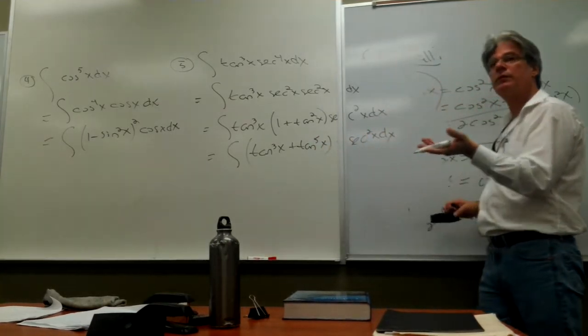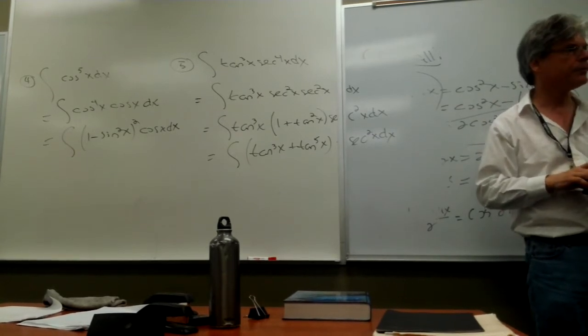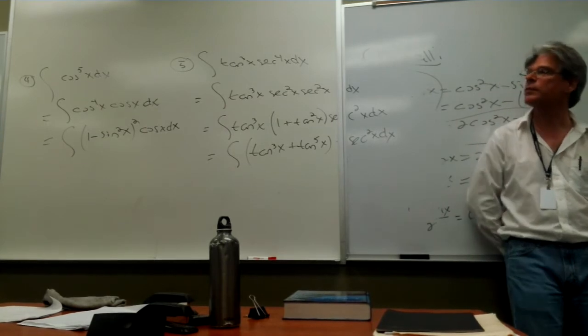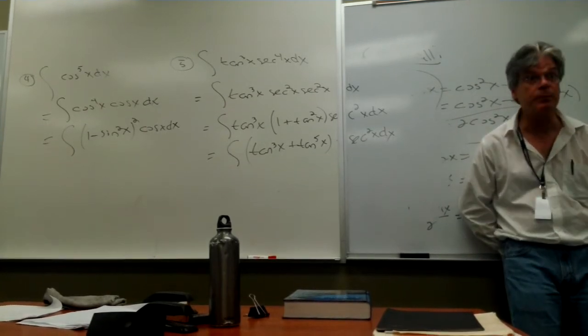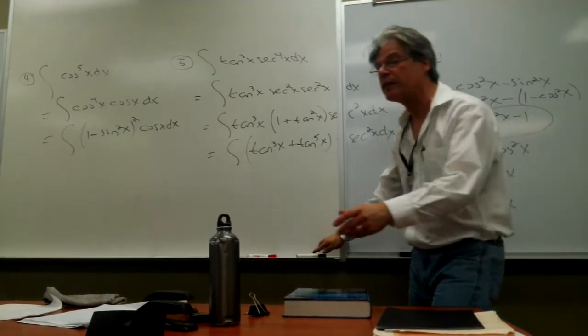Let u be tangent of x. At the end, all I'm really integrating is u to the 5th plus u to the 3rd, which is a piece of cake to anti-differentiate term by term, using the power rule.